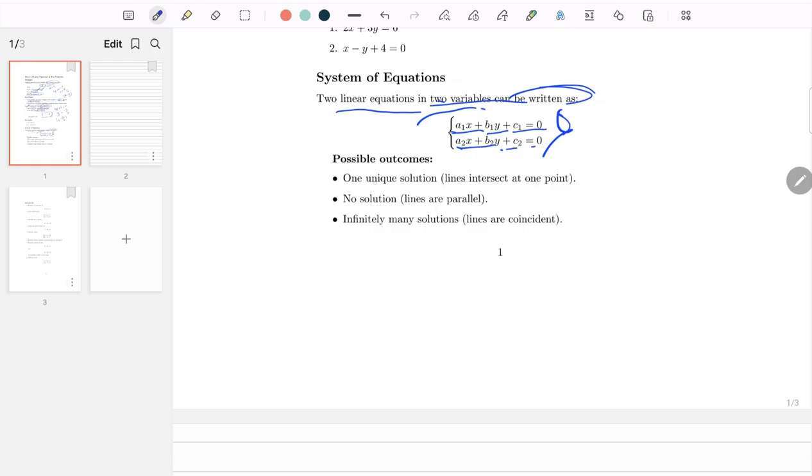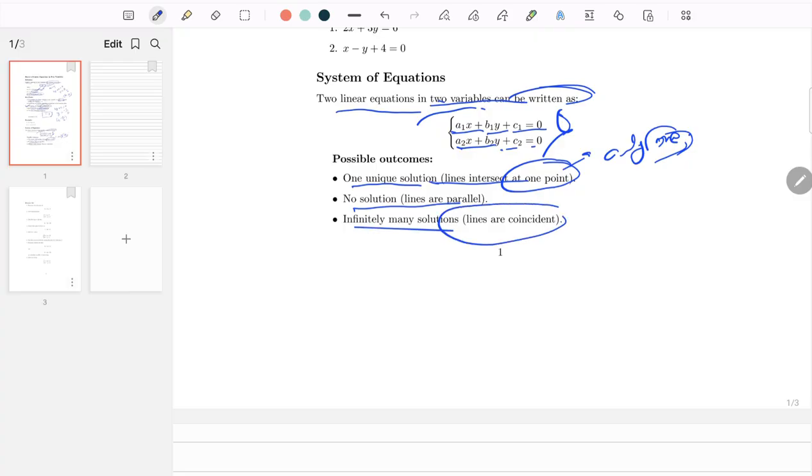One, there is a unique solution, which means they intersect at only one point. Two, no solution, where the lines are parallel and never meet. Three, infinitely many solutions, where they are coincident.